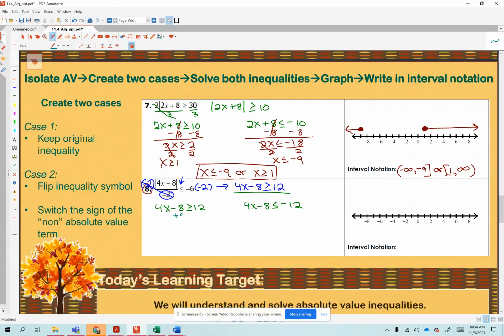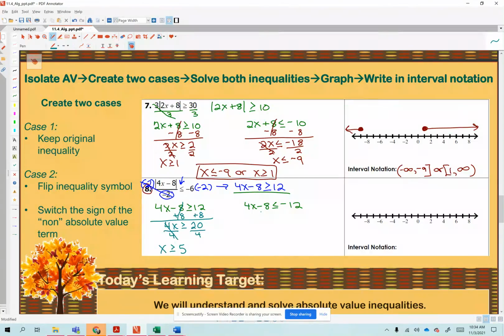So we'll add 8 to both sides. And 12 plus 8 is 20. And we will divide both sides by 4. And x is greater than or equal to 5.